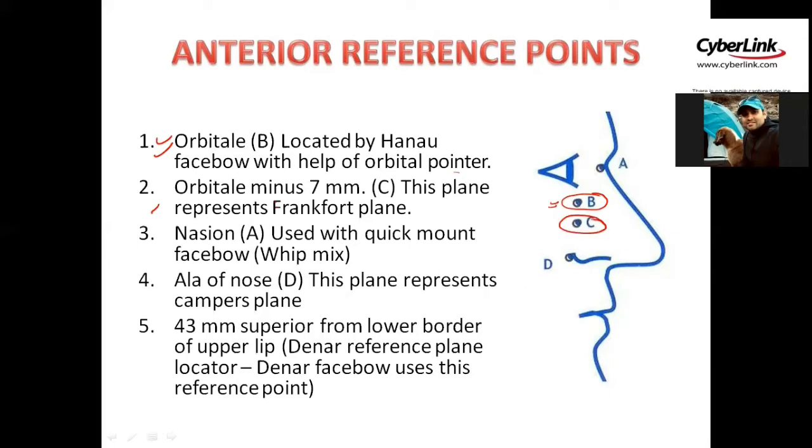Then your nasion. Then your Elof nose. Then your Denner reference plane, which is 43 mm superior from the lower border of the upper lip, and is used for the Denner facebow.